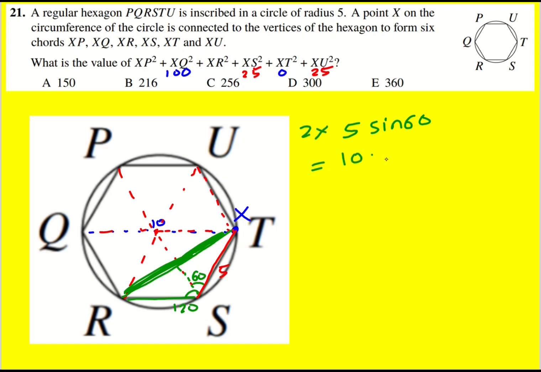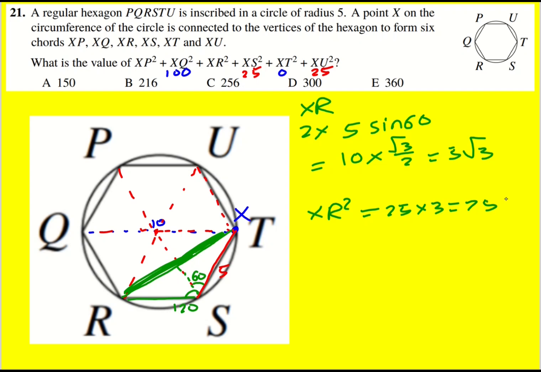That gives me 10 times root 3 over 2, 5 root 3. So that is XR, which means XR squared is going to be 25 times 3, which is 75. And then XP will be exactly the same. It will also be 75.